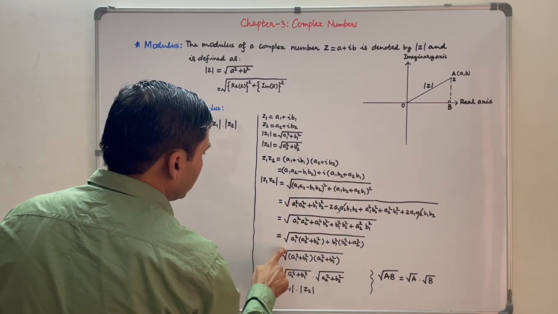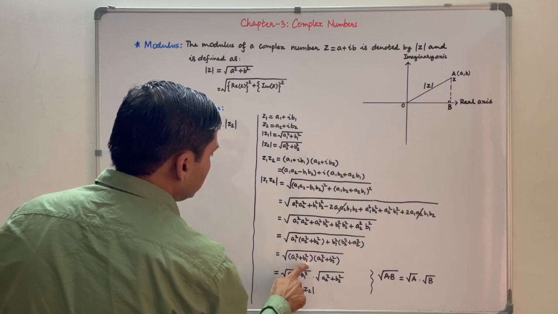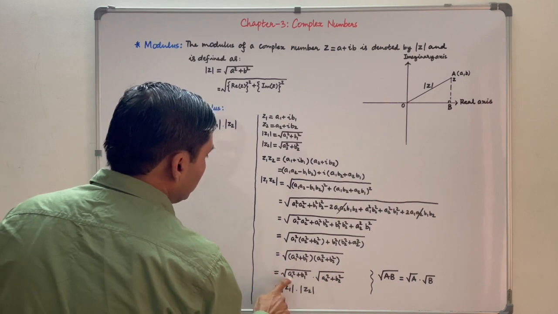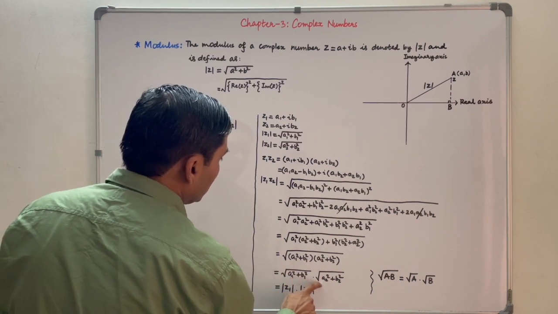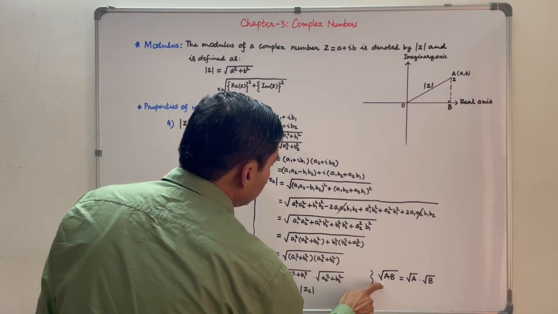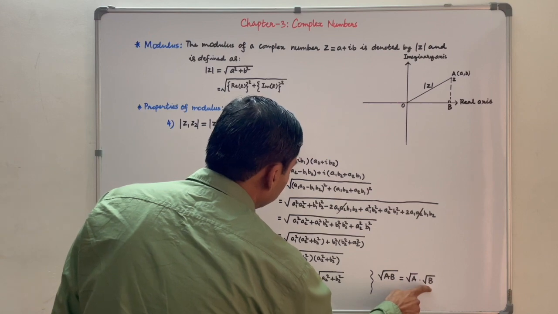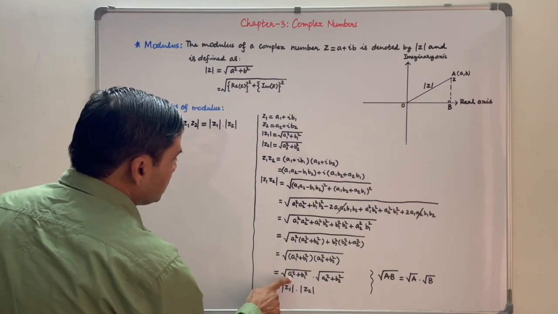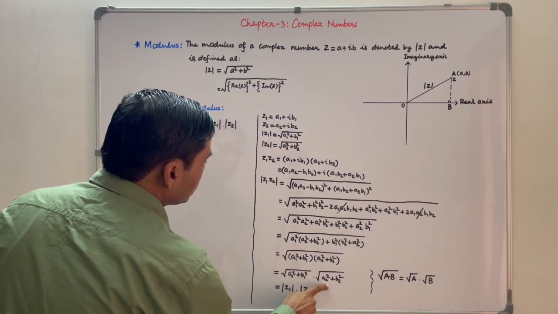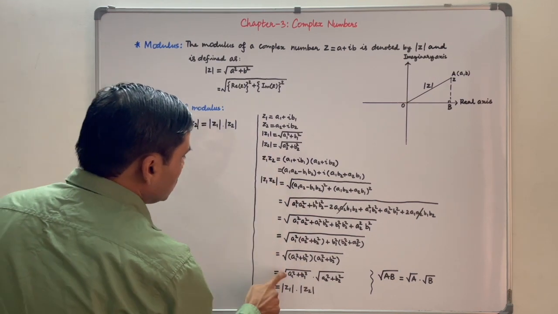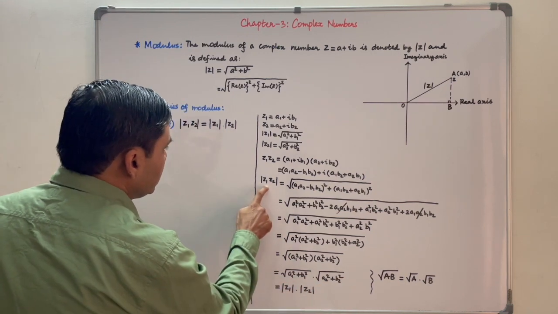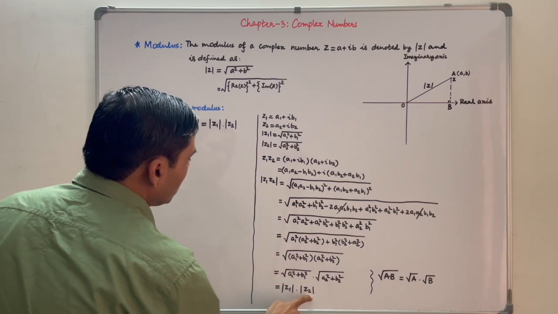We can simplify this as √((a1² + b1²) into (a2² + b2²)), or √(a1² + b1²) into √(a2² + b2²), as we know √(ab) can be written as √a into √b. √(a1² + b1²) is equal to |z1|, and √(a2² + b2²) is equal to |z2|. So this can be written as |z1| into |z2|. So |z1 z2| is equal to |z1| into |z2|.